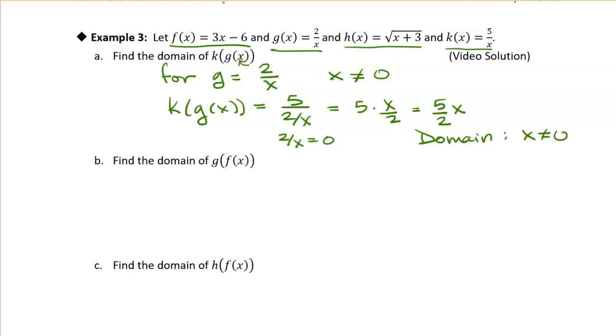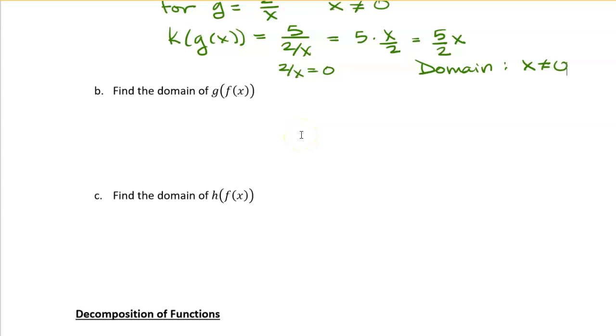And that's it. All right, let's do something similar for the next one. We have a composition of g with f of x. Let's look at the domain of f of x first. f of x is, it's off the screen, but it's 3x minus 6.